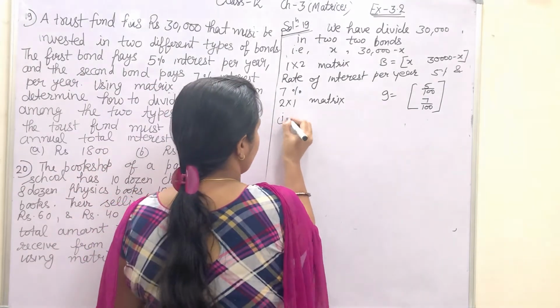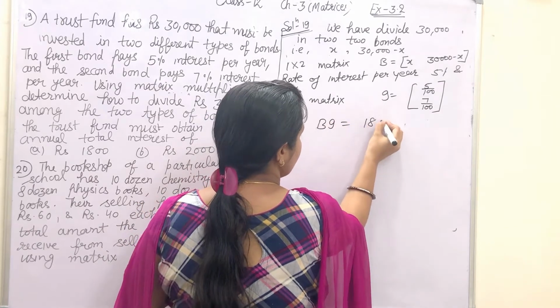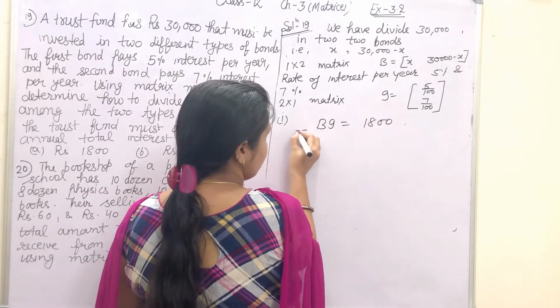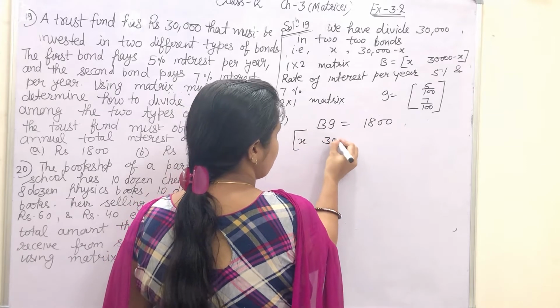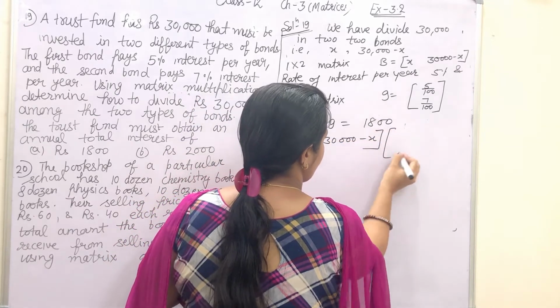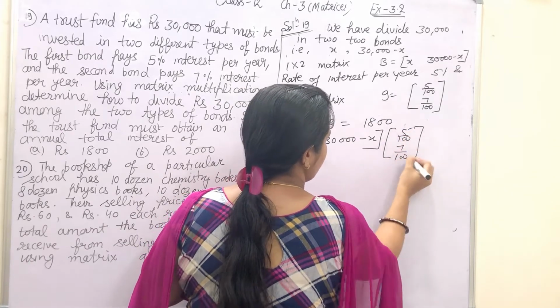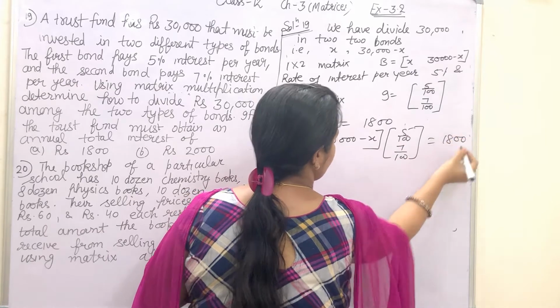So BI equals 1,800 rupees, where B is x, 30,000 minus x, and I is 5 by 100, 7 by 100, equal to 1,800.